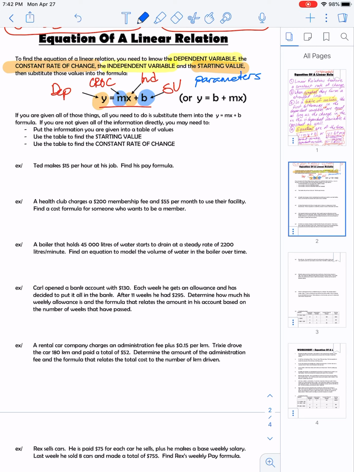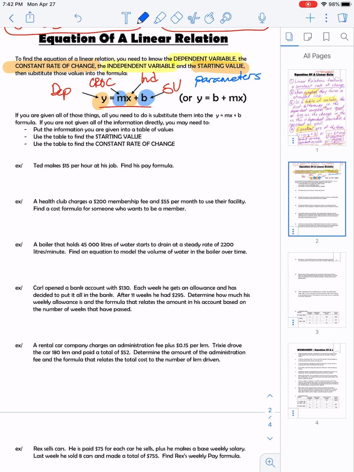So we're still talking about cost and number of people are the two variables. The cost depends on the number of people, but the parameters, the values of how those two variables are related to each other, that's what changes in each problem.